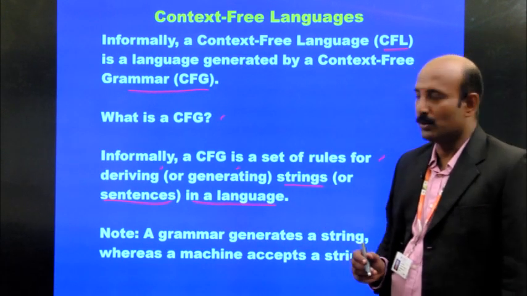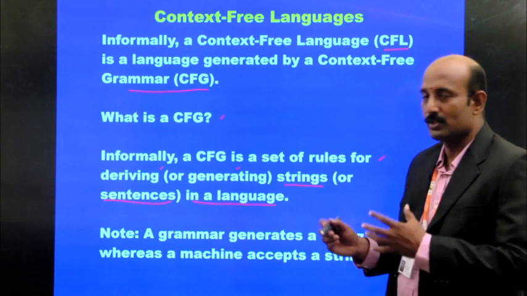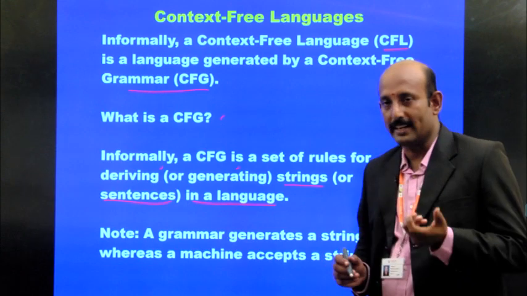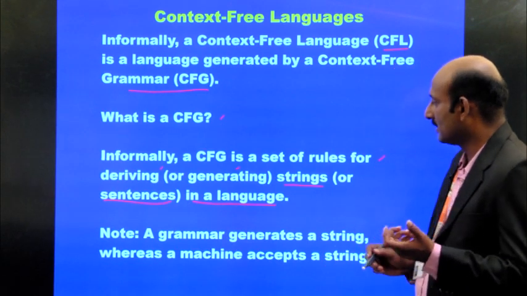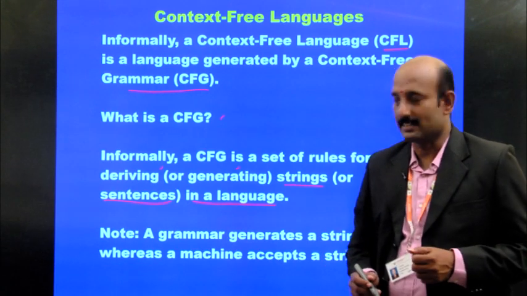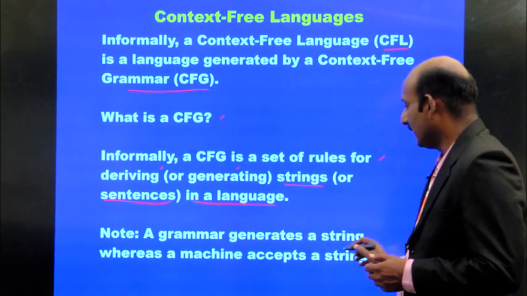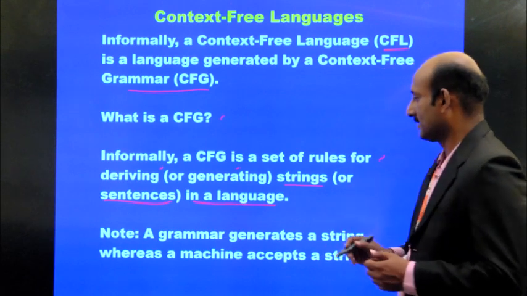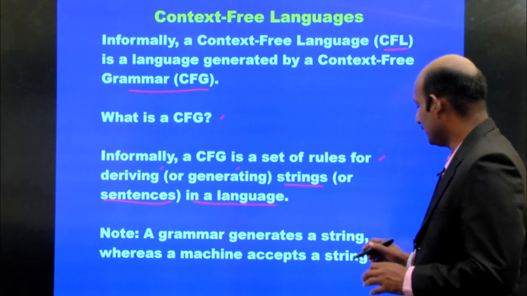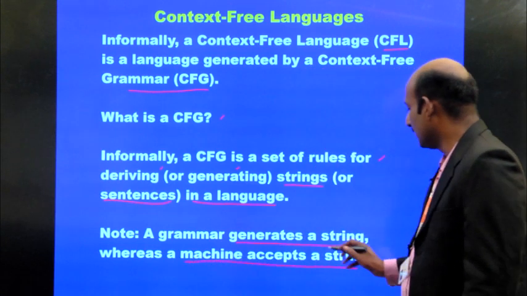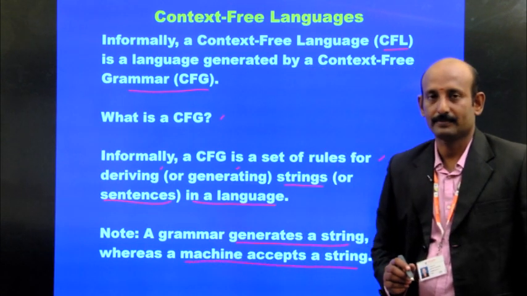So there are some rules, and there is a process of deriving or generating strings in a language. A grammar generates strings, whereas a machine accepts strings.